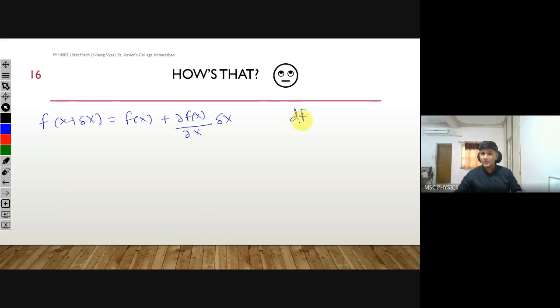Now, when you write df by dx, how do you write it? In 11th standard mathematics, it looks like this: limit delta x tends to 0 of f of x plus delta x minus f of x upon delta x. Now, if delta x is so small, we can neglect the limit because delta x itself is small.